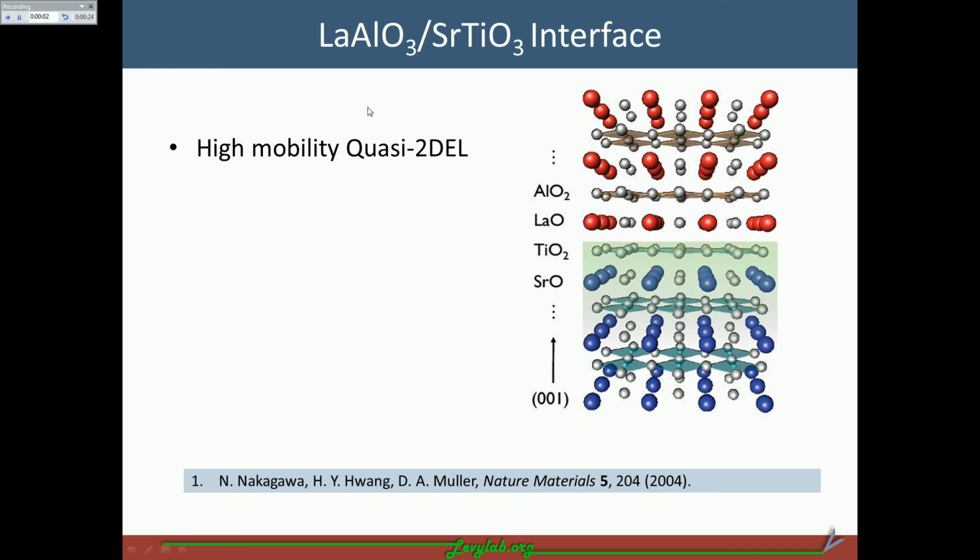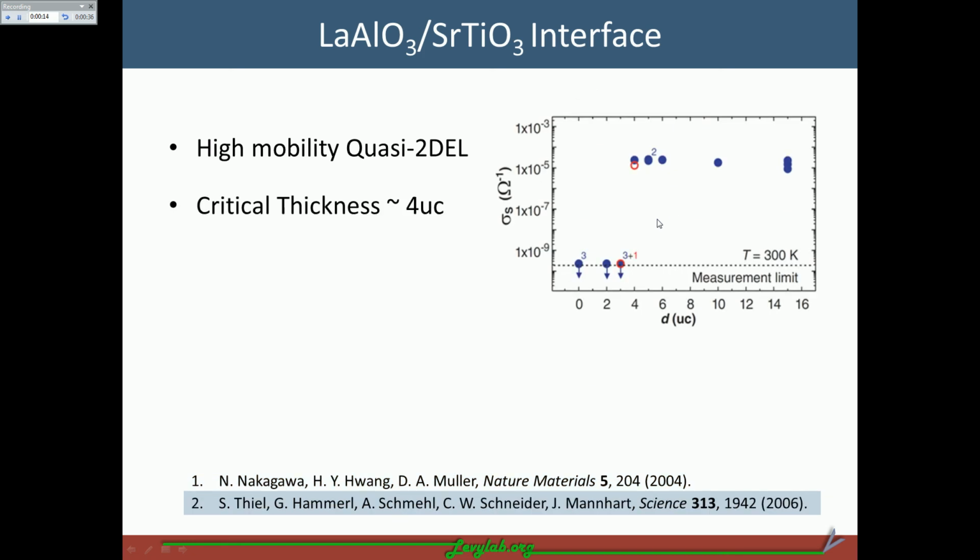In 2004, Harold Hwang first discovered the high-mobility quasi-2D electron liquid at the well-defined interface of LaAlO3 and SrTiO3. Such an interface will undergo an insulator to metallic transition as the LAO thickness increases.